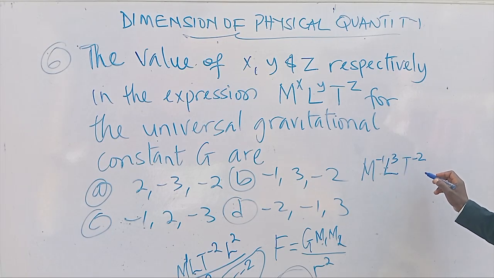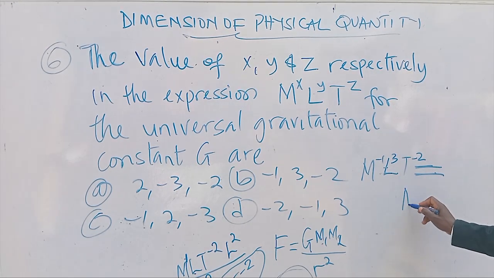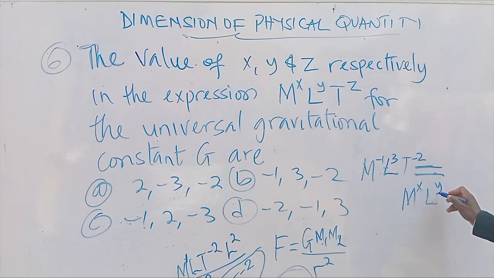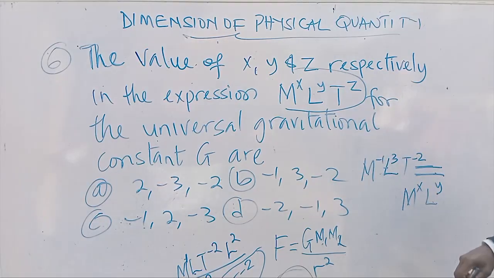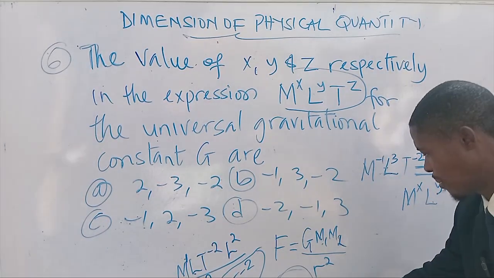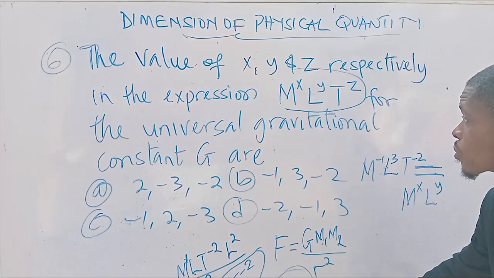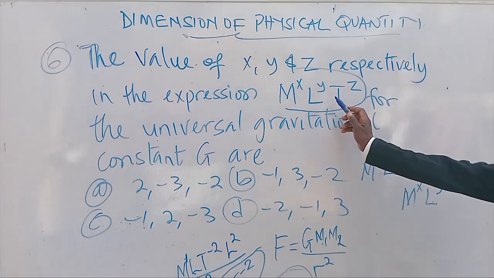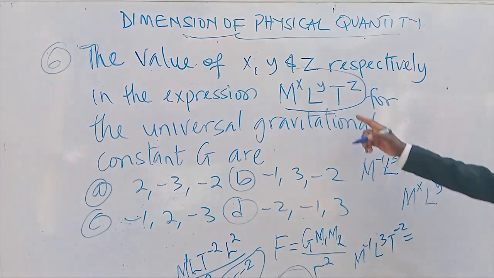We're going to equate that to the constant expression, M to the x, L to the y, T to the z, since we have the dimension for G and we have an equation for that. G is a constant which has this formula, so we're going to have this one equal to the constant we have.